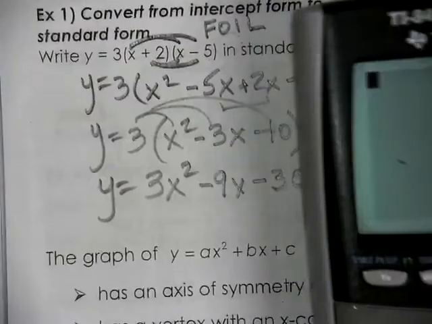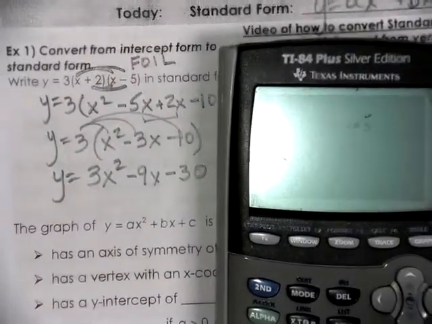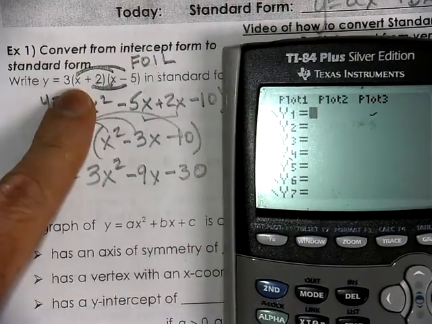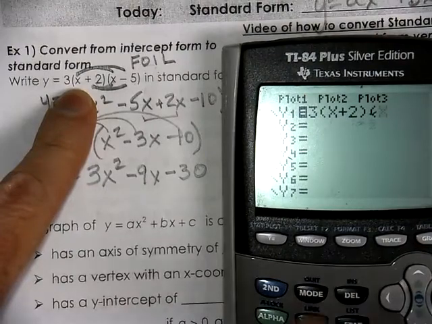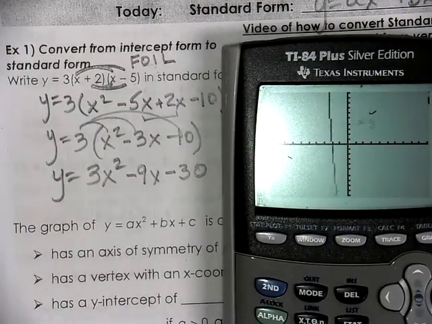If you would take that equation, and if you would type in your first equation into your calculator and graph it, you could see that it's going to land on our graph.